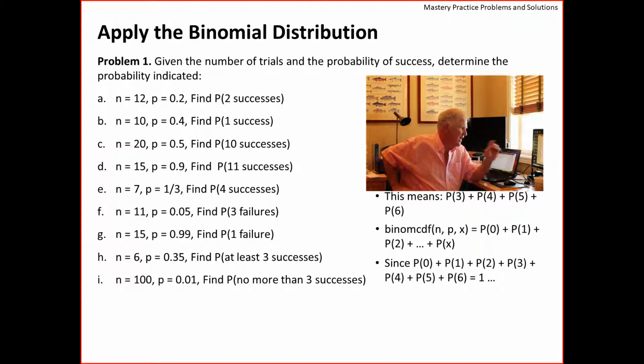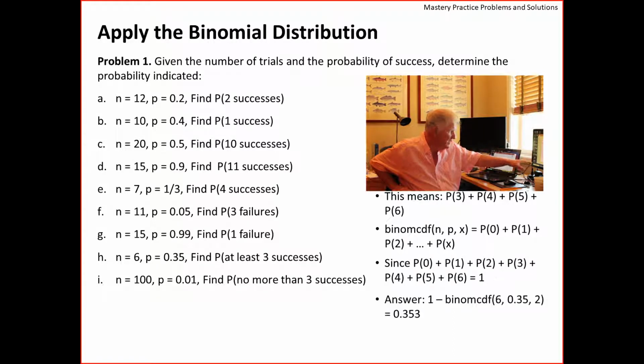That would return P0 plus P1 plus P2. But if I think of 1 as P0 plus P1 plus P2 dot dot dot plus P6, and if I subtract P0 plus P1 plus P2, what I'm left with is P3 plus P4 plus P5 plus P6. That's what we want. So the answer to problem H is 1 minus the binomial CDF of 6, 0.35, 2. Because it just goes up to 2 inclusive, right? That leaves you 3, 4, 5, 6.